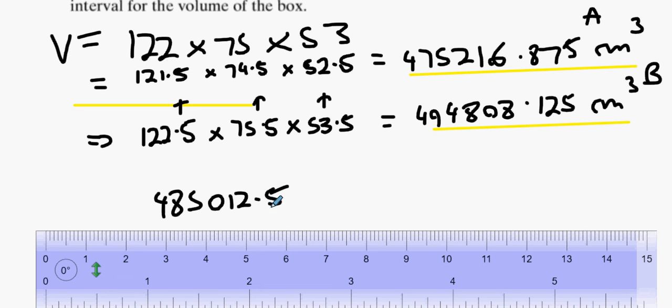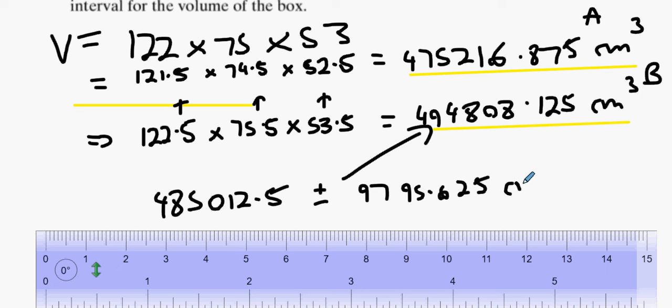What distance is this measurement away from B or A? Any idea, Mick? 0.625. Does everybody get that from the smaller measurements, what exactly you're doing? And it's centimeters cubed. Alright, happy days. On to 13.